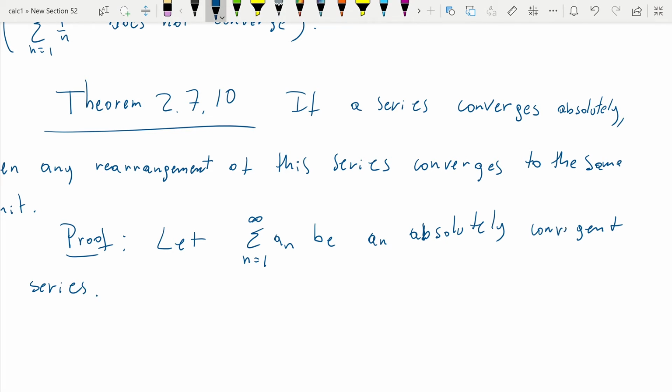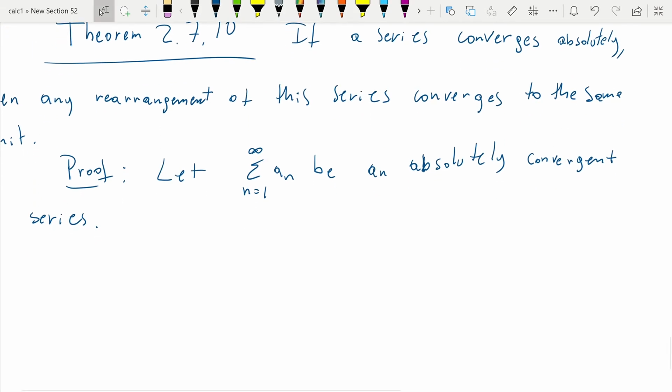Since it's absolutely convergent, we know that the series made of adding the absolute values of the a sub n converges as well.